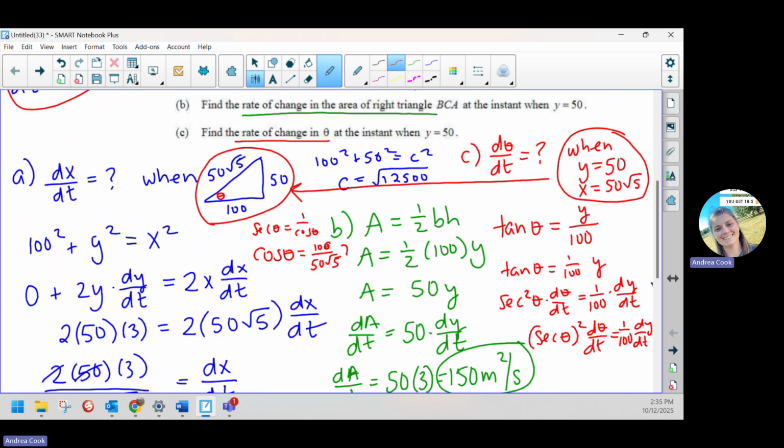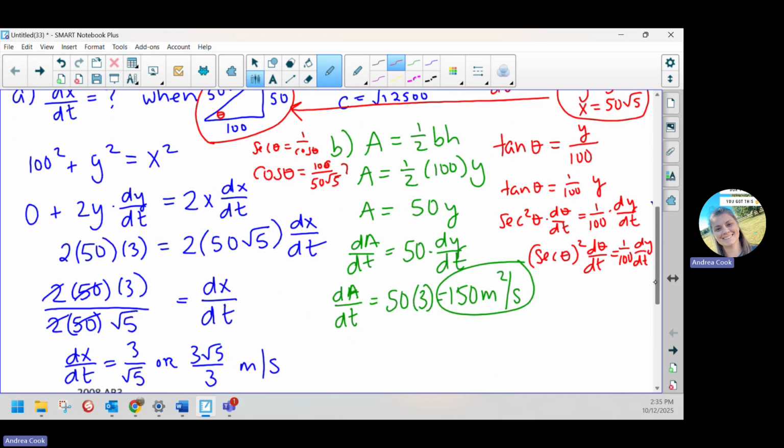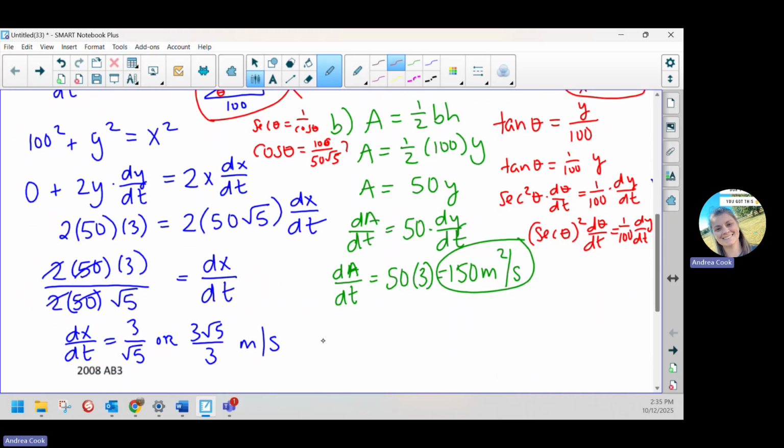So let's go ahead and reduce that. So if cosine of theta is equal to 100 over 50 root 5, I can change that to 2 over root 5. So that means secant would be root 5 over 2.